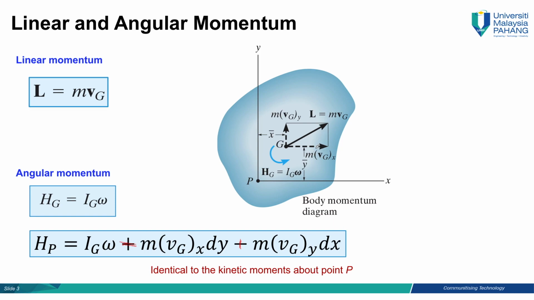Because mvgx is going to point P in clockwise direction, and mvgy is going to P in counterclockwise direction. So this here is positive, and this one here is negative.